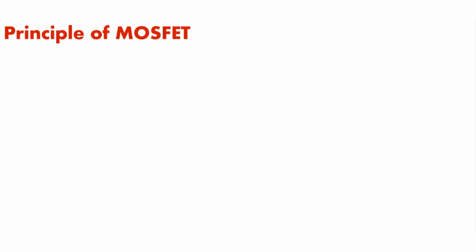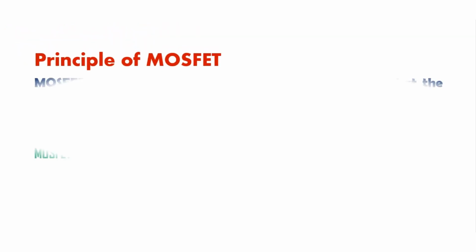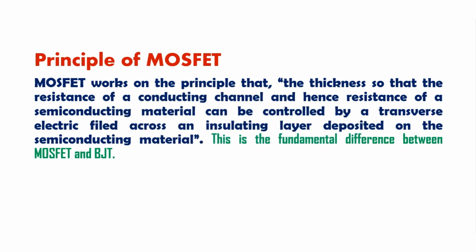Now, the principle of MOSFET. Actually, the MOSFET works on the principle that the thickness, and so the resistance, of a conducting channel, and hence the resistance of a semiconducting material, can be controlled by a transverse electric field across an insulating layer which is deposited on the semiconducting material.